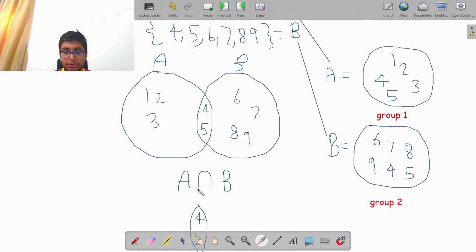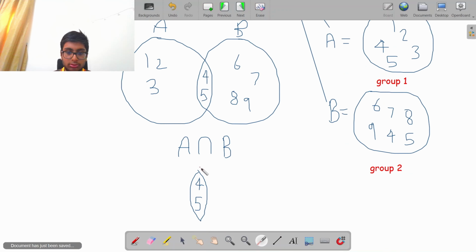then if I use the intersection operator over here, what happens is that the common element, so we make this diagram that actually means union itself, but over here we only take out the part that is common between both A and B, which is this part. The small elliptical part is taken out, and what we get is just the 4 and 5 elements as the elements of this set.